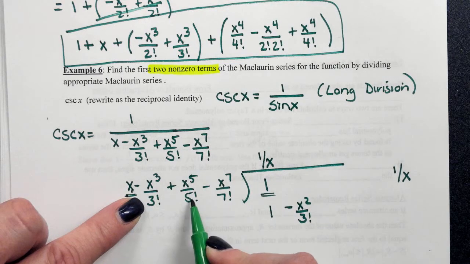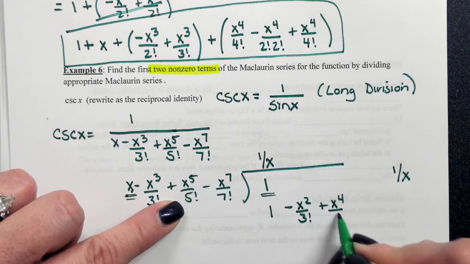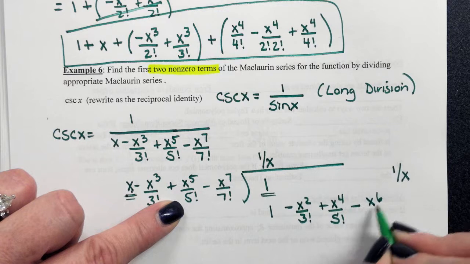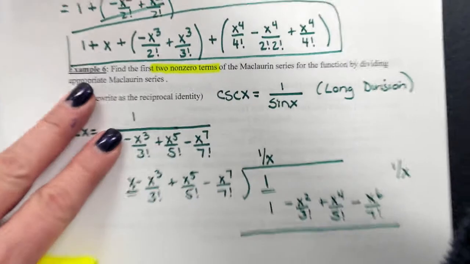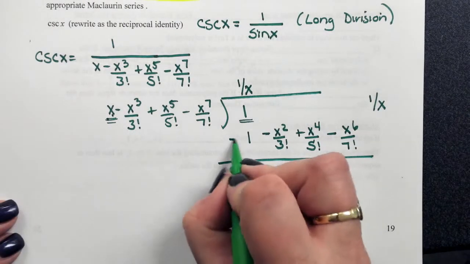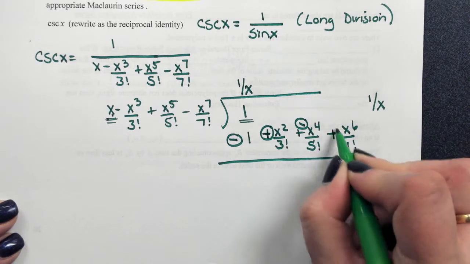Again, 1 over x times x to the fifth over 5 factorial. It's just going to drop it down a degree. And then 1 over x times minus x to the seventh is going to be minus x to the 6 over 7 factorial. What happens with long division after you multiply? What's the next operation? Subtract. So it's going to be minus. This becomes a plus. This becomes a minus. This becomes a plus.